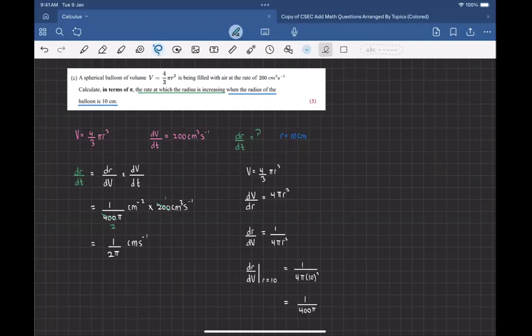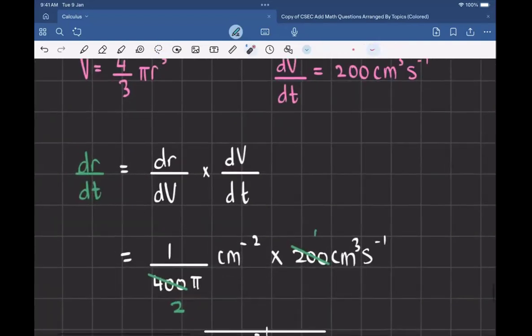Then you use the chain rule. If I need to get dRdt, then dr has to be over here and dt has to be over here. Whatever I have on top needs to be on the bottom on the opposite side, and whatever you put over here has to be the same thing so that it cancels off.